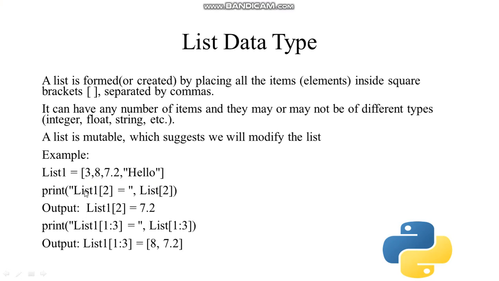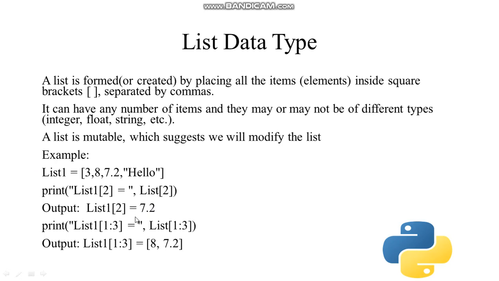I can print list1[2]. That means it will give me the second element. So list also starts from 0, so it will give me output as 7.2. 3 is at 0th position, 8 is at 1st position, and 7.2 at second position.